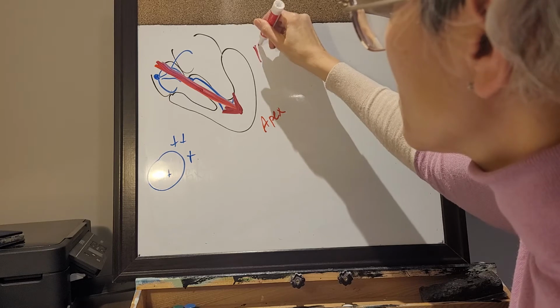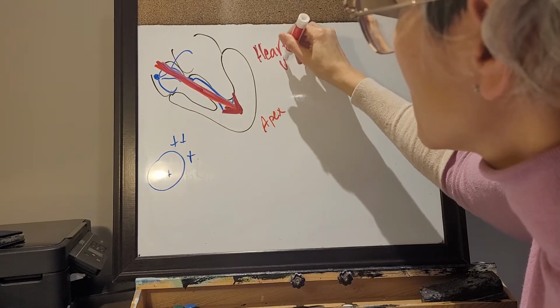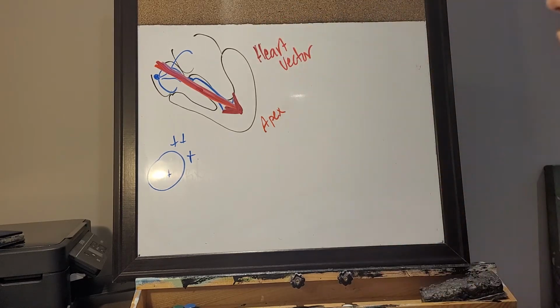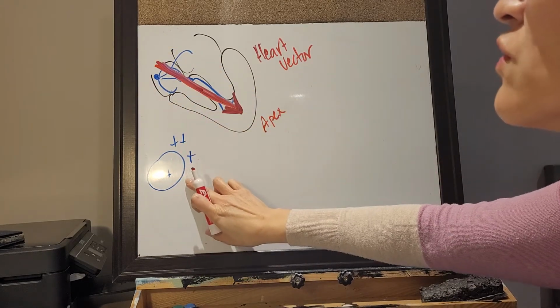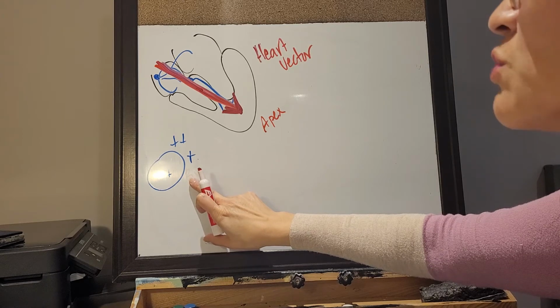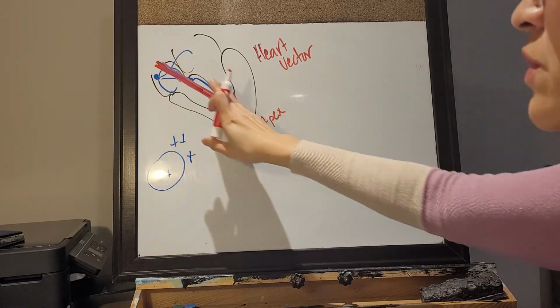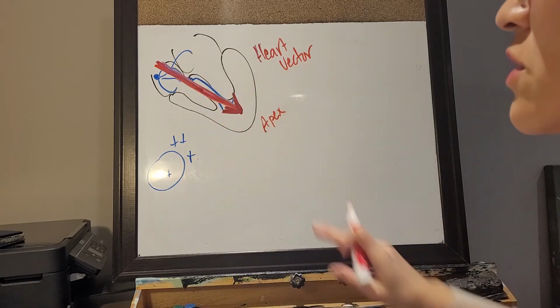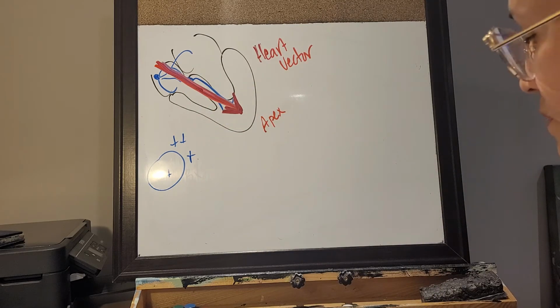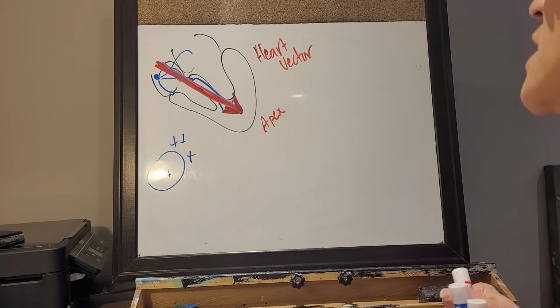And that's the heart vector. Okay, so the wave of depolarization, or the summation of every single one of the individual cardiac cells depolarizing, sums up into a general direction that we call the heart vector, which is down and to the left towards the apex of your heart.